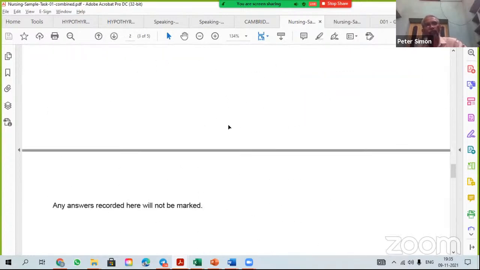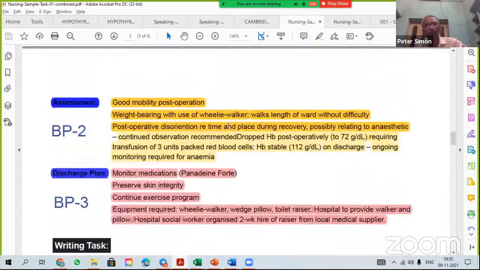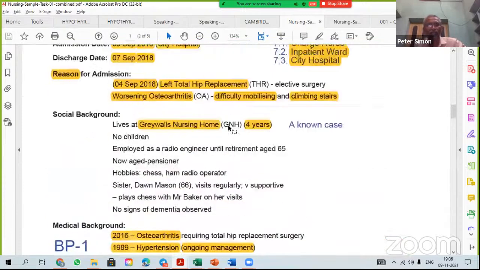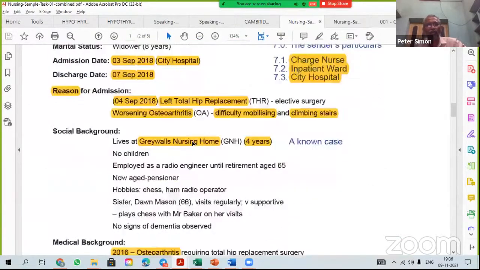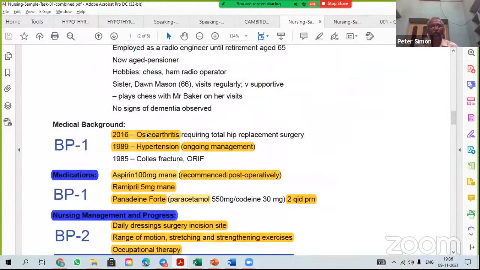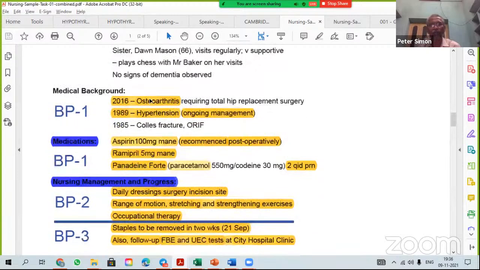Now you see here, very carefully. 2016, osteoarthritis requiring total hip replacement surgery. 1989, hypertension, ongoing management. So these 2 things are going on now. The problem osteoarthritis is going on and hypertension is also going on. 1985, long before, Colles' fracture with ORIF. Okay, fine. Leave that one now.